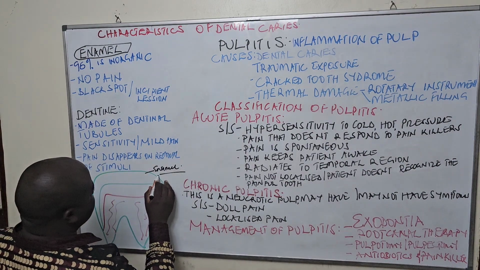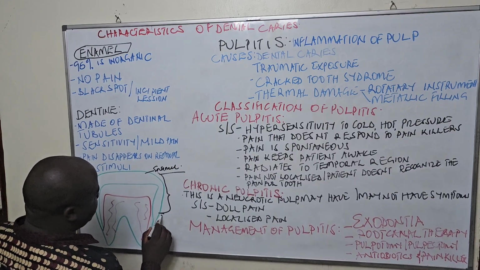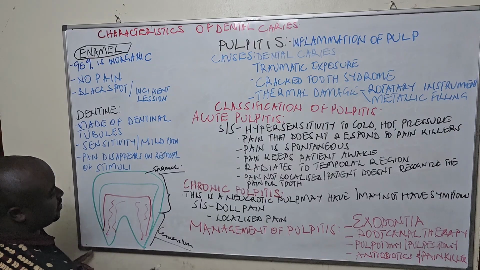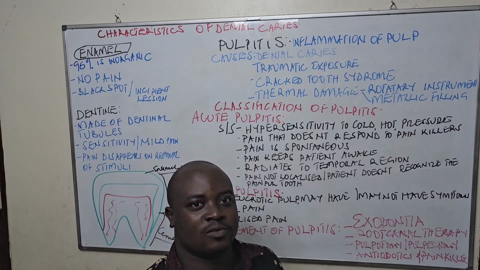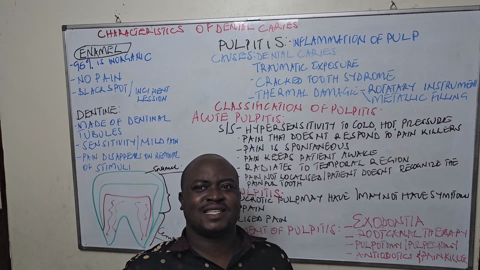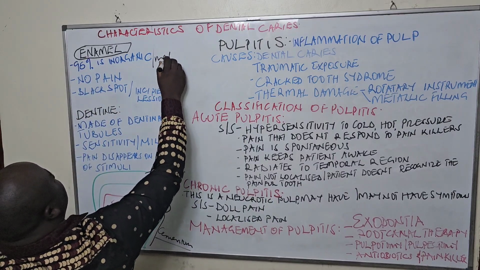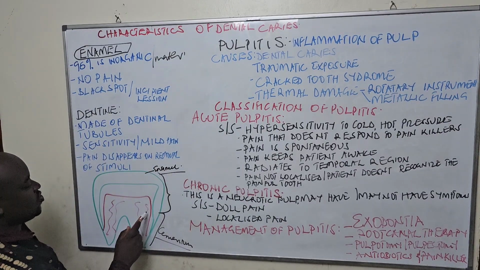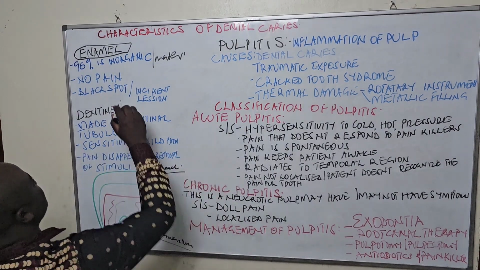This outer part here, from here up to here, this is the cementum. The enamel is the part of the tooth which covers the crown. And we are saying it is 96% mineralized, inorganic, meaning it is inorganic material. What do we expect here? We do not expect a lot of nerves and blood vessels, and therefore there is no pain.